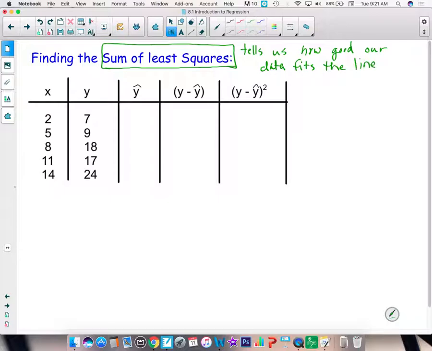There are a lot of other explanations of sum of least squares, but we're going to use this, and I think we use this later to calculate standard deviation, which gives us a plus or minus value. But it just tells us how good our data fits the line.